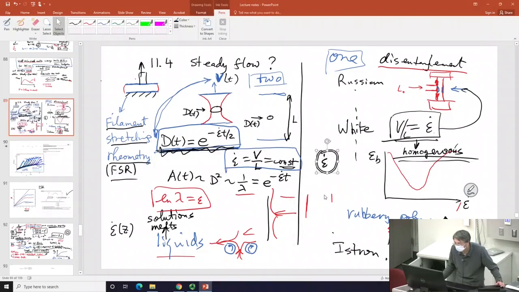So I'm just having a very modest objective, which is that FSR is unable to reveal the physics or the phenomena that you would observe under the condition of homogeneous extension at a constant Hencky rate. It cannot do that.